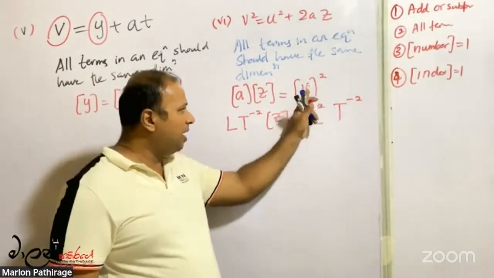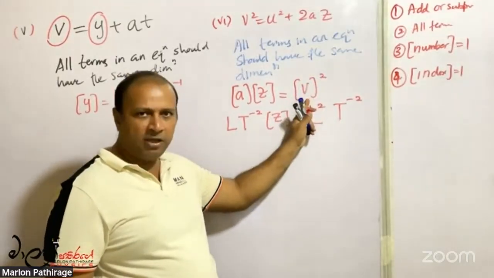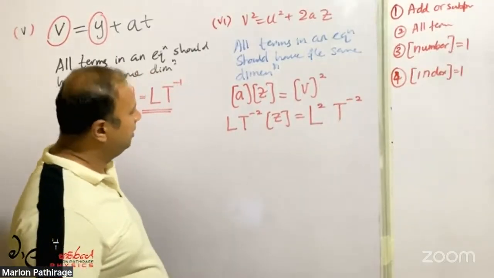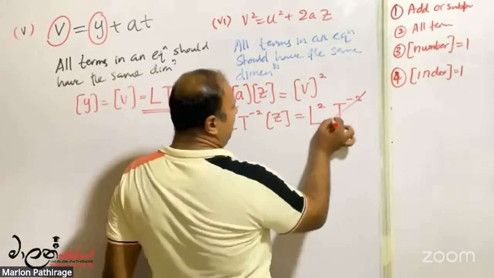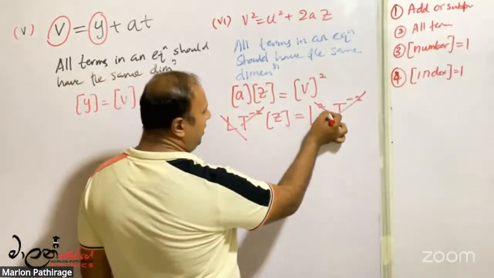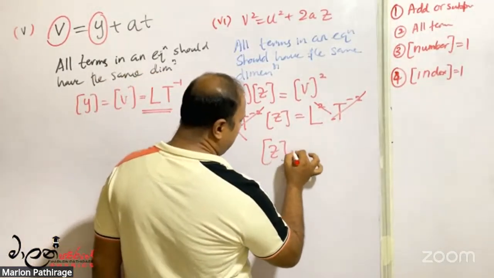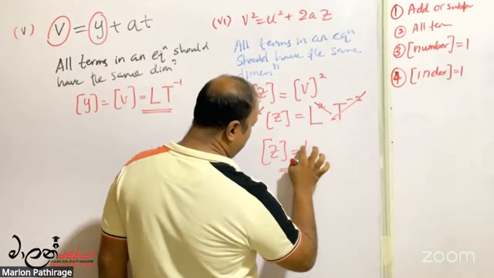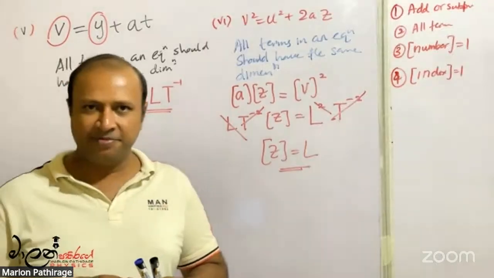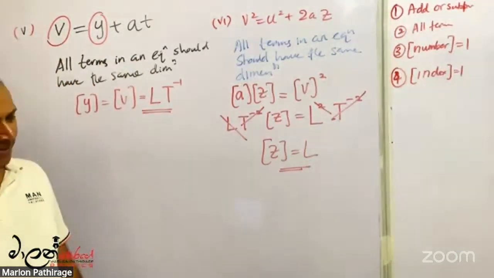You have to take the square of LT minus 1, then L square T minus 2. Then it's very clear: T minus 2 will be cancelled out, and one L to one L will be cancelled out. Therefore, dimension of Z is equal to L. If it is okay, please raise the hand.